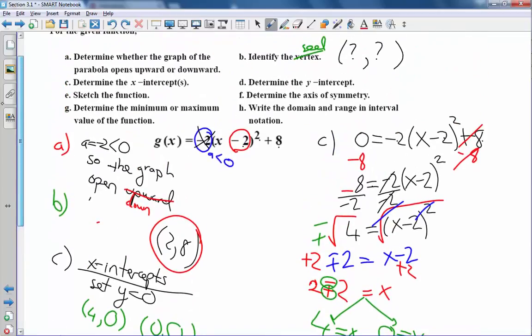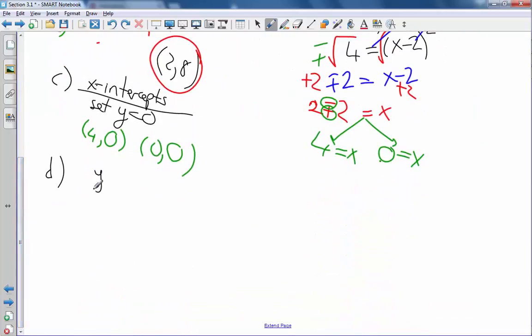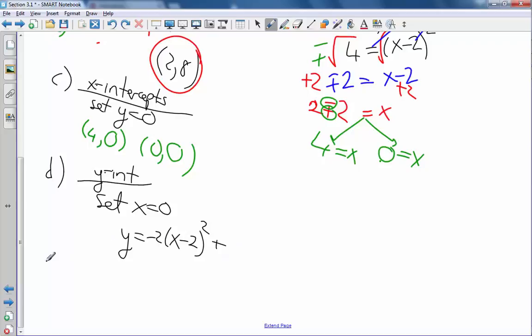Part D, find y-intercept. You know what to do. For y-intercept, you set who to 0? X equals 0 in G, which is minus 2x minus 2 squared plus 8, negative 8 or plus 8?